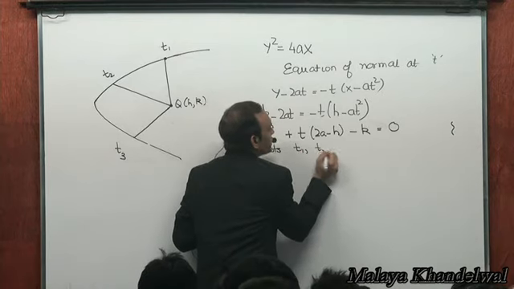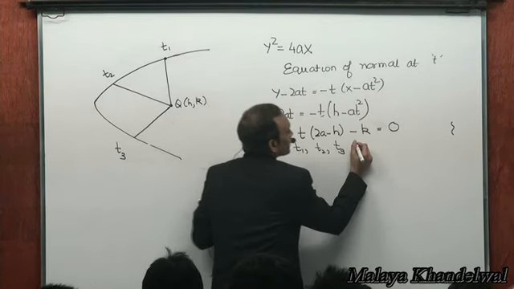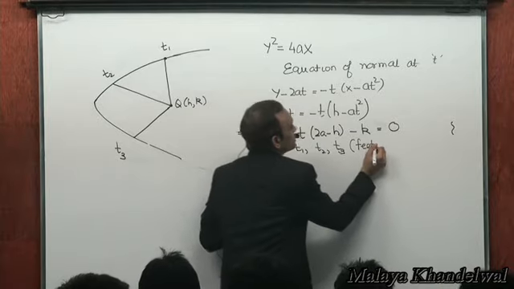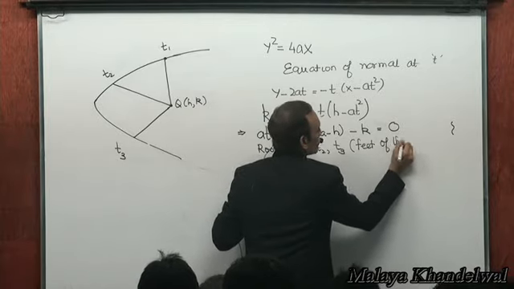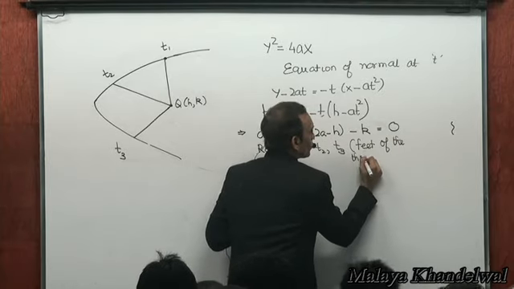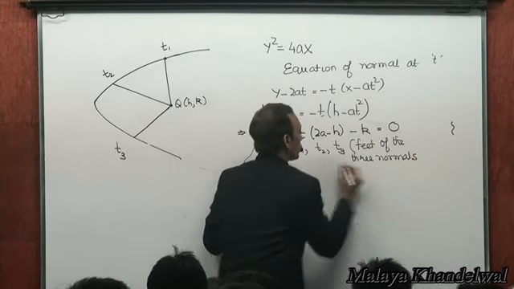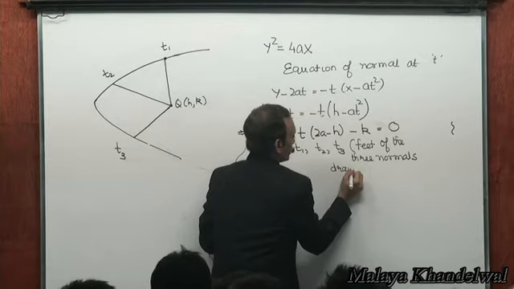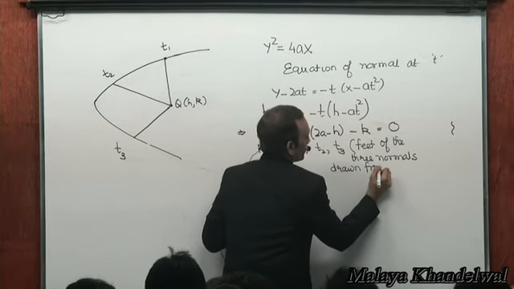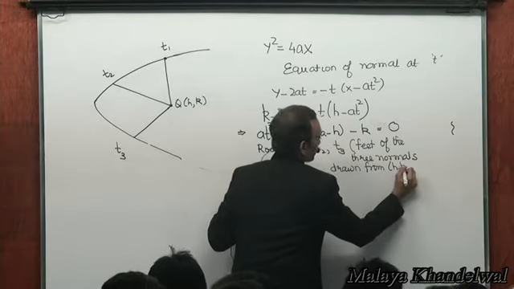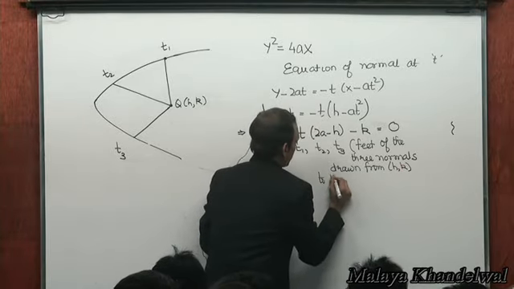T1, T2, T3. These are the feet of the 3 normals drawn from HK to the parabola.